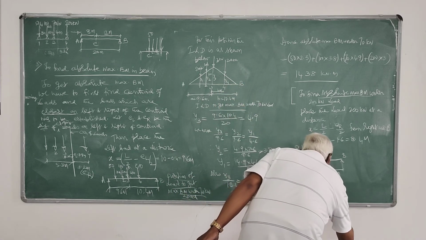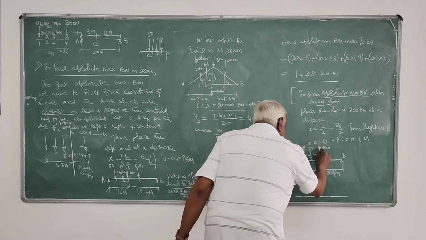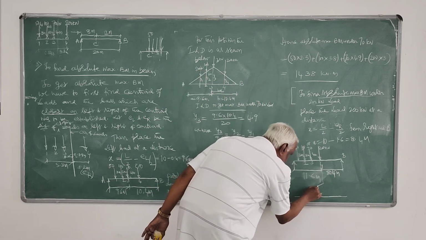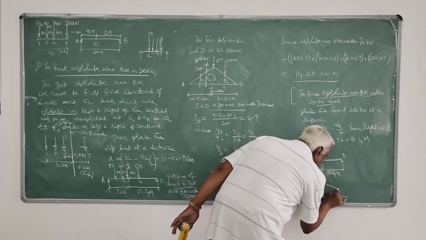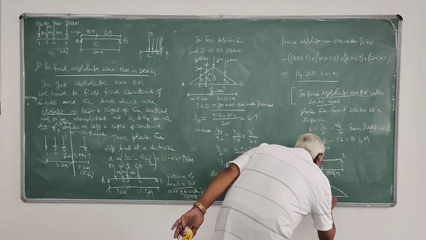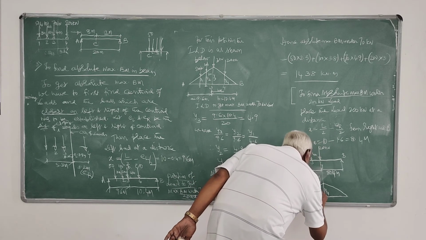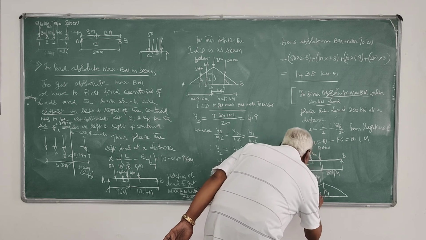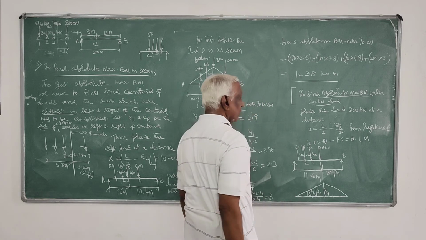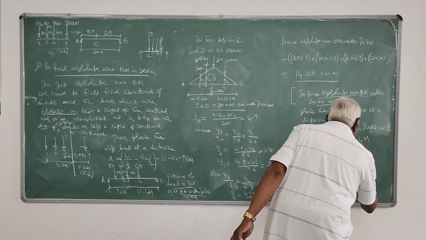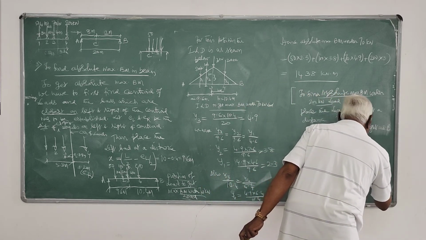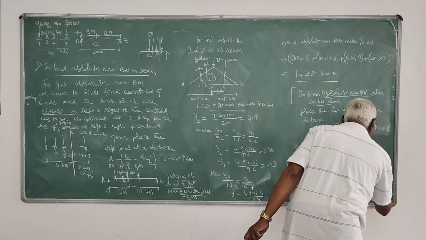Then you draw the ILD under the 200 kilonewton load. This is that ILD. It looks like that. So this is your Y4, then Y3, Y2, Y1. You can work out Y4 equal to AB by L. That is 11.6 into 8.4 divided by 20.